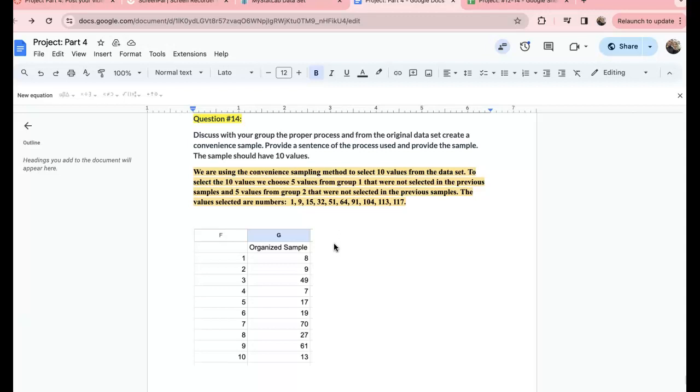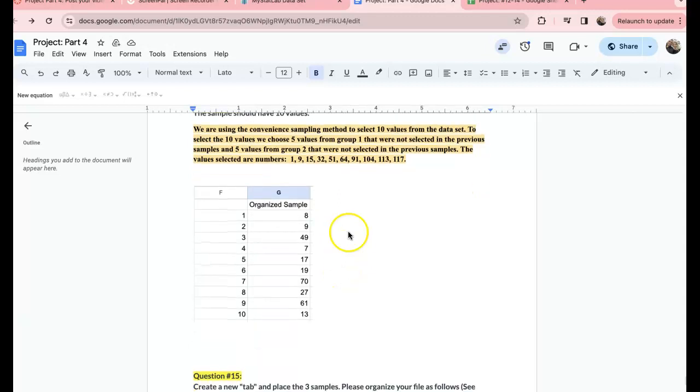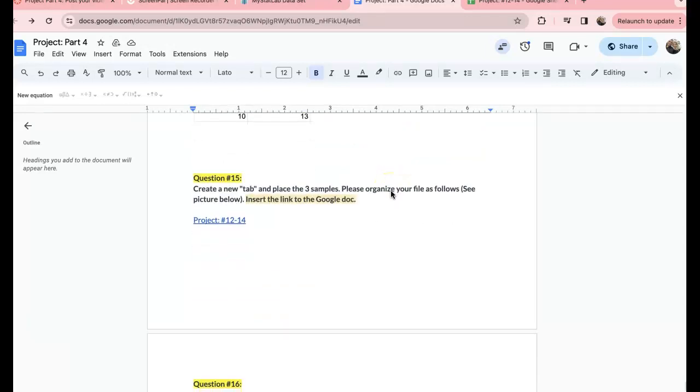And we chose values that were not selected previously in those other samples. So that generated us, again, another 10 values that were not selected, and those numbers are 1, 9, 15, 32, 51, 64, 91, 104, 113, and 117.